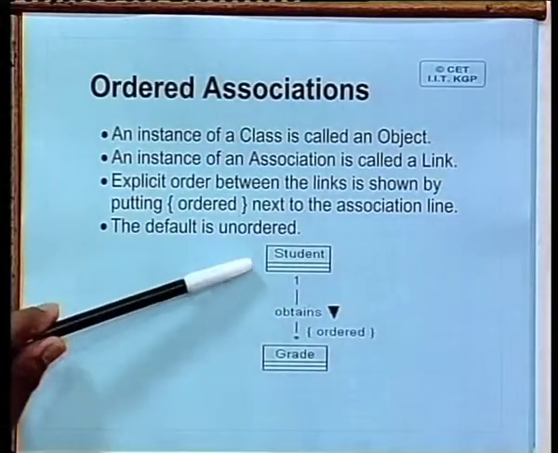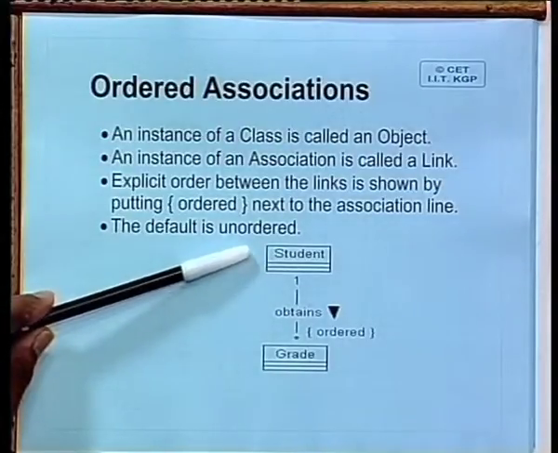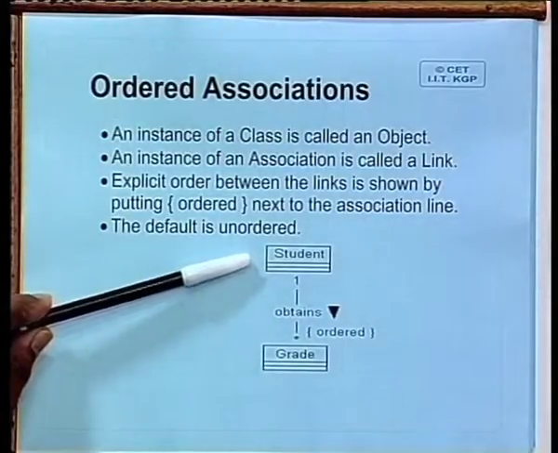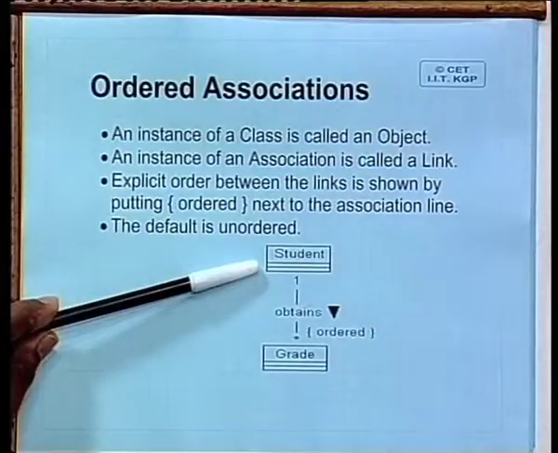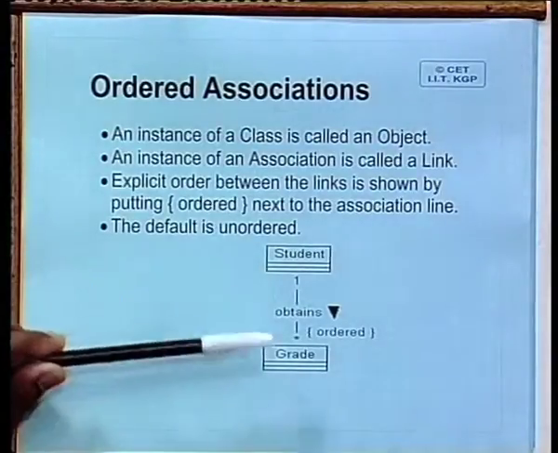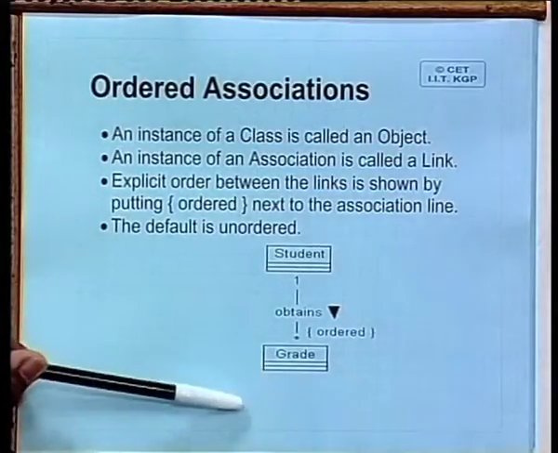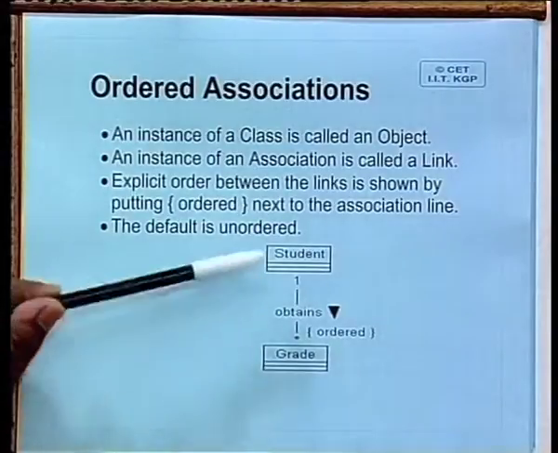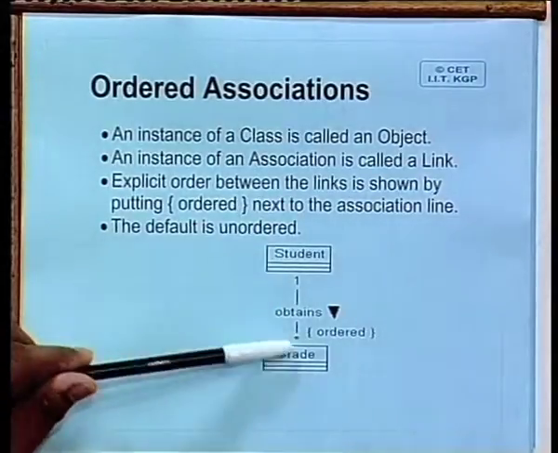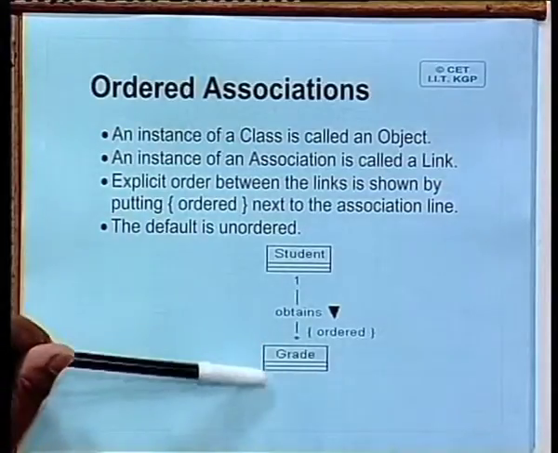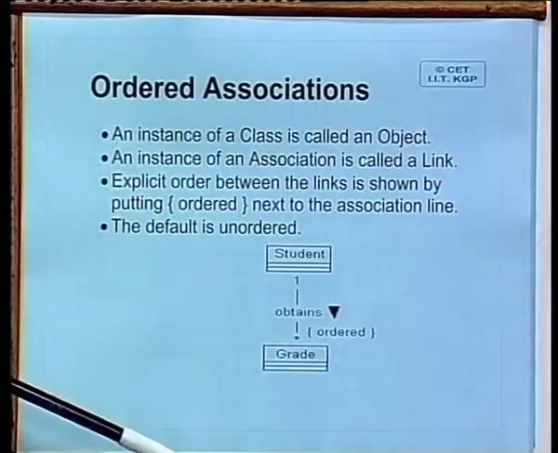You can have multiple students, definitely, and you can have multiple grades as well, but it is important to keep them ordered, otherwise you do not know which grade belongs to which student.